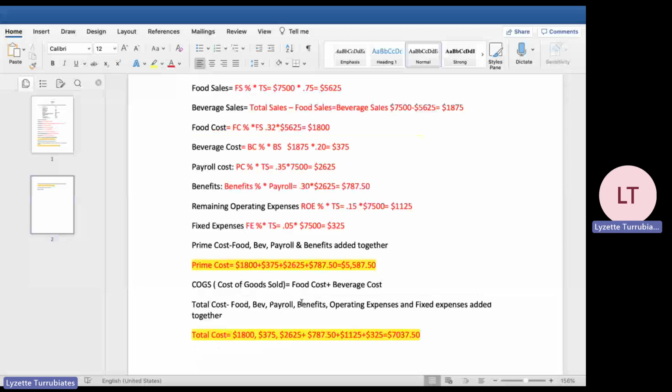You need to know prime costs, you need to know total costs, you need to know gross profit and profit, and of course, you need to know how to change all these percentages to a dollar amount. Again, if you have any questions about profit and loss, reach out, but this will help you calculate everything that you need for your quiz.